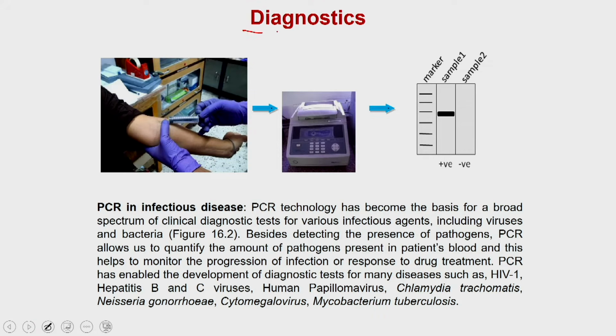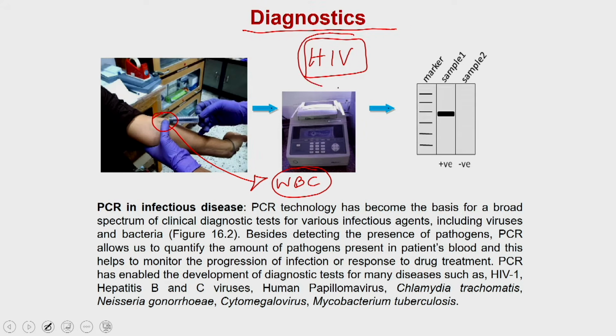So, PCR is extensively used for diagnostic purposes. In this particular example, we have taken an infectious disease called HIV. Suppose a patient is infected with HIV, or it is a sample where you have to detect it. First you extract the blood from the patient, and from the blood you perform the PCR analysis for the HIV virus.